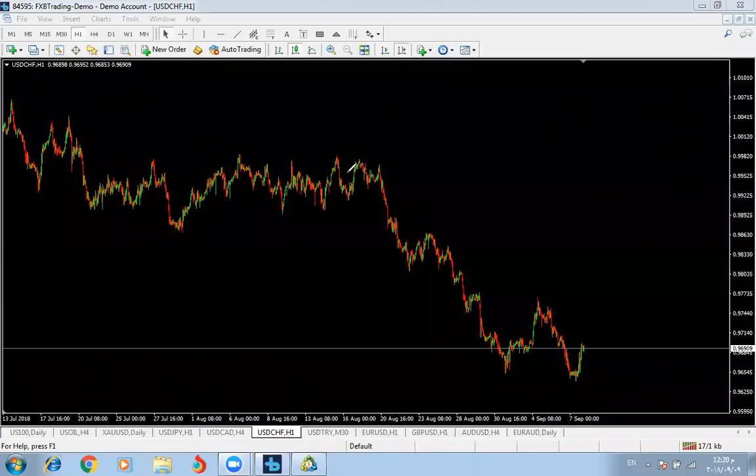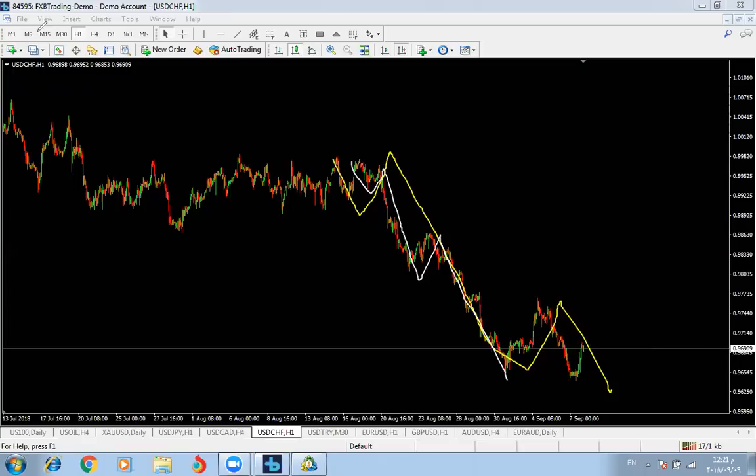This is 1, this is 2, this is 3, this is 4, and this is 5. As we see, wave 5 is extended, 5 waves composed of 5. Wave 3 is extended, 5 waves composed of 3 waves. This is 1, 2, 3, 4, and 5 for wave 3.